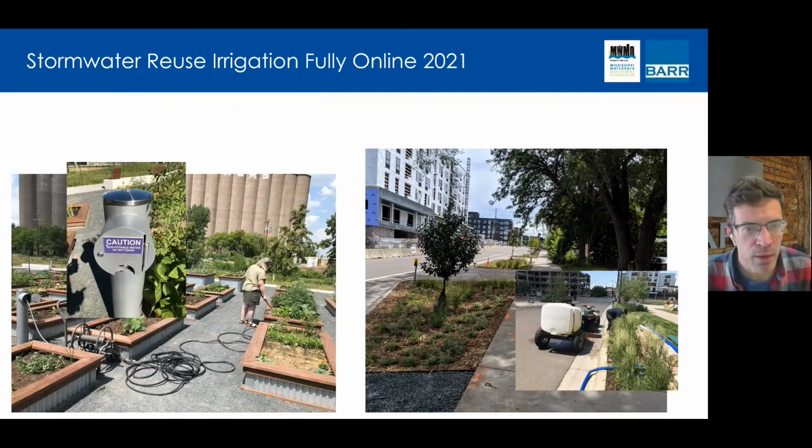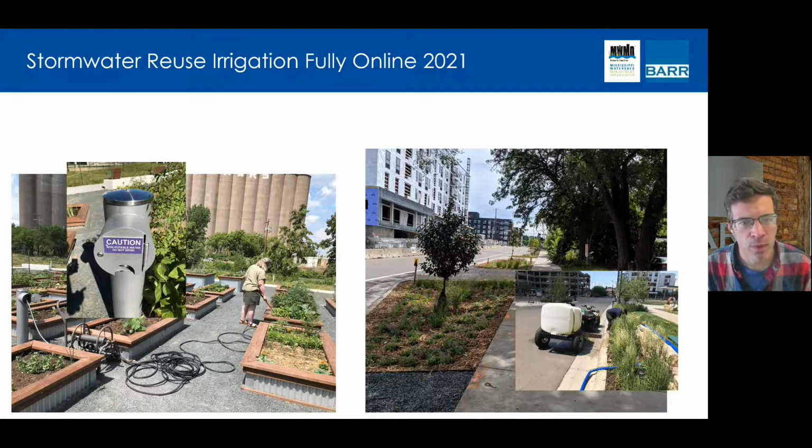And that system is being used to irrigate not only the community garden, it's also being used to irrigate the development. And we've even hired a contractor with a water tank that drives up and down for half a mile, watering other plantings that are in the neighborhood that don't have direct access to the water.